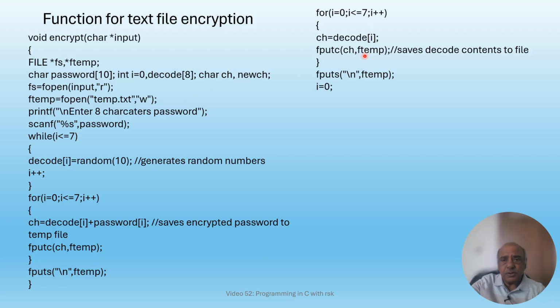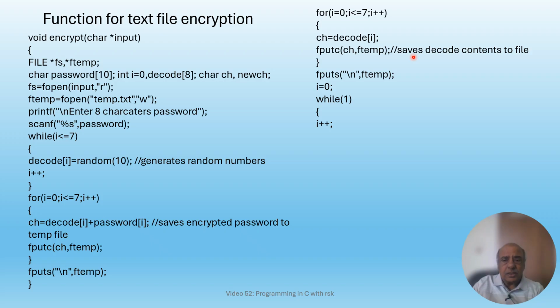So that has to be also stored in the temp file, which this loop does for us. ch = decode[i], fputc(ch, ftemp) saves the contents of the decode array to the file.